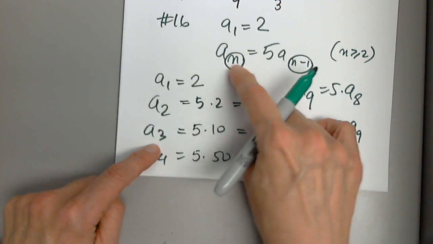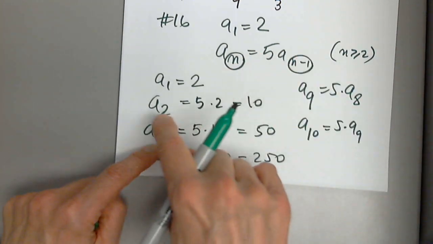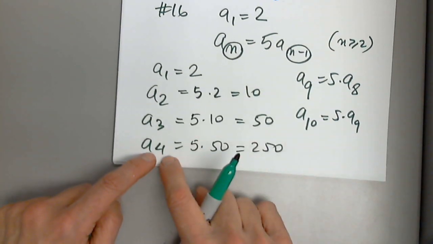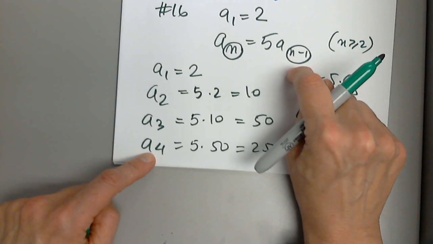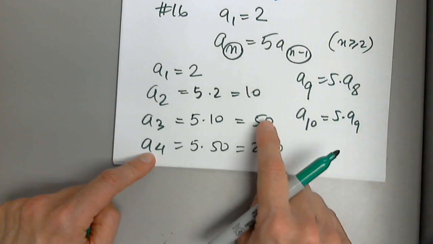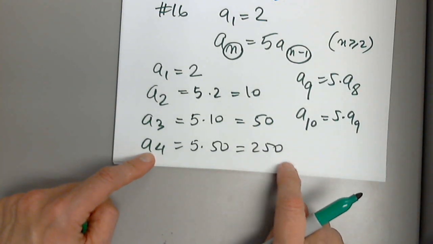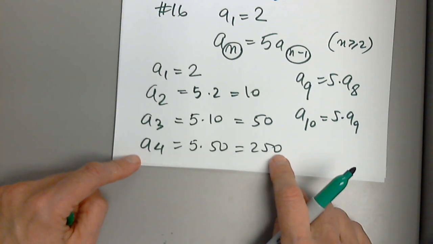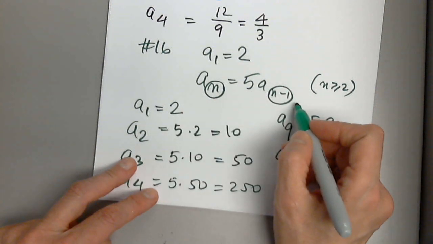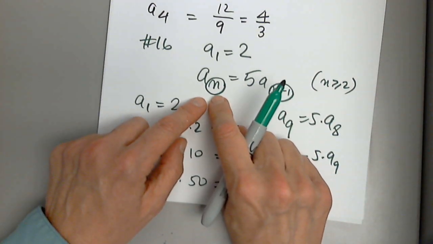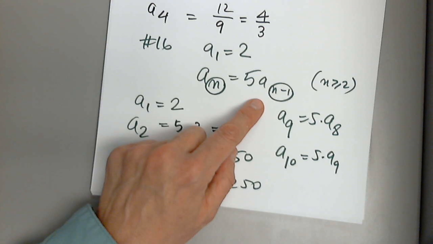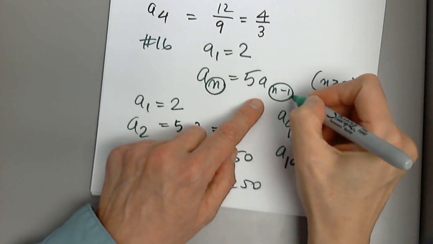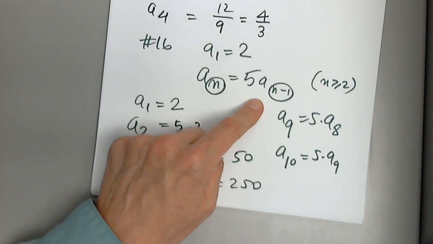Now a3 is 5 multiplied by a2, which is 10. So it's 5 times 10, which is 50. a4, if this is 4, then this is 3. 5 times a3, which is 50. And I get 250. So a5 will be 5 times 250, correct. Because that's what this says. Any term of the sequence is 5 multiplied by the previous one, n minus 1. If this were n minus 2, it would have been the one before.